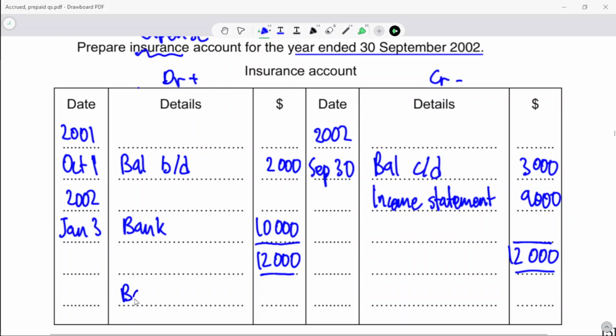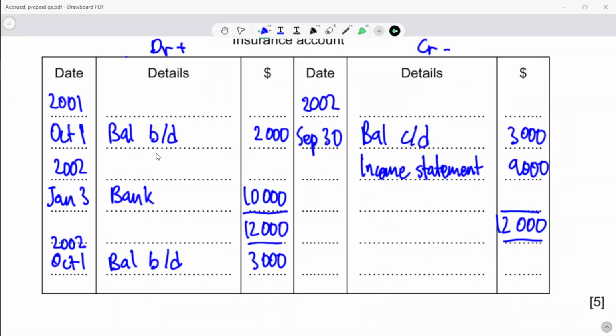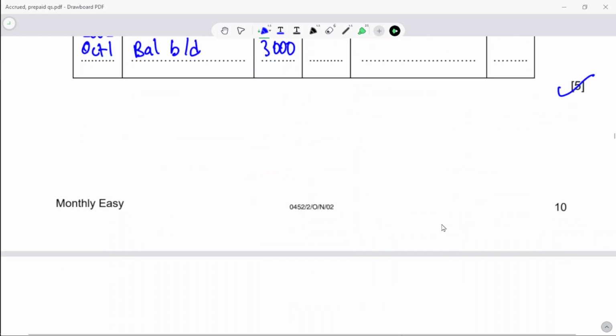So brought down to next day. Yeah, so the answer is correct. So now let's go to the next question.